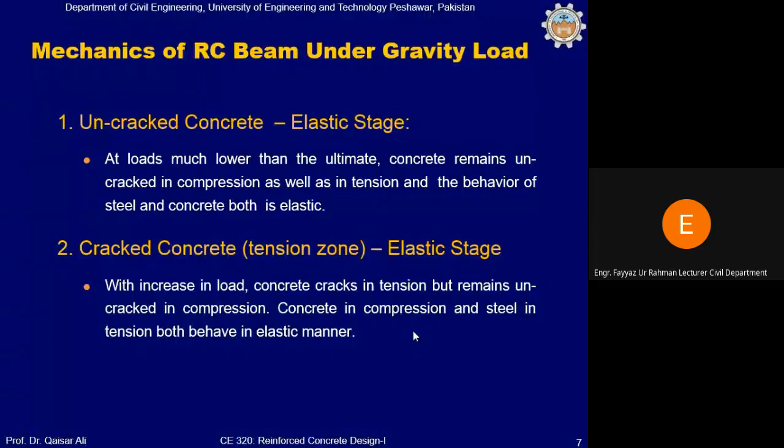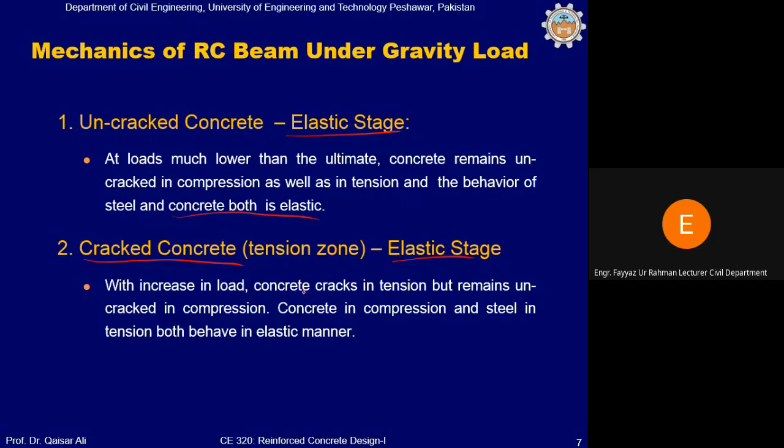This is the first stage, which is the uncracked concrete stage, which is also an elastic stage. At loads much lower than the ultimate, concrete remains uncracked in compression as well as in tension, and the behavior of steel and concrete both is elastic. Clear? Then the cracked concrete and elastic stage.